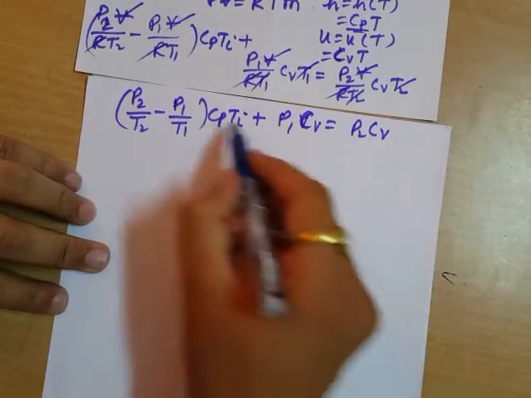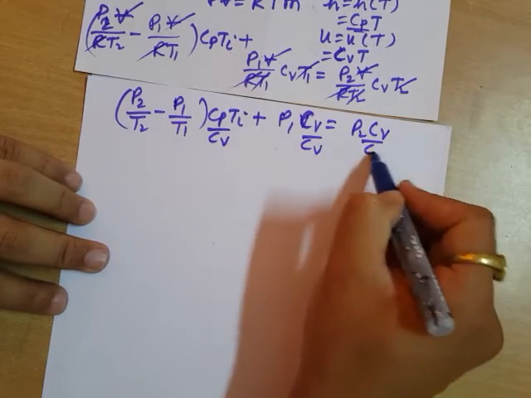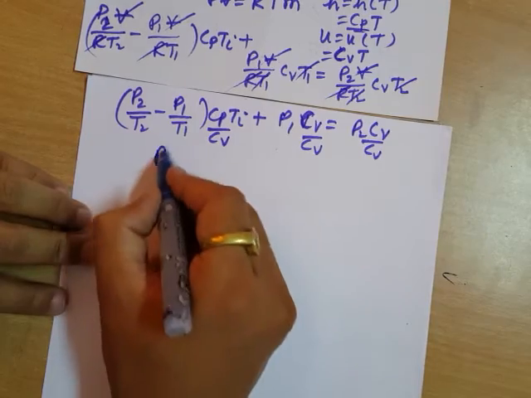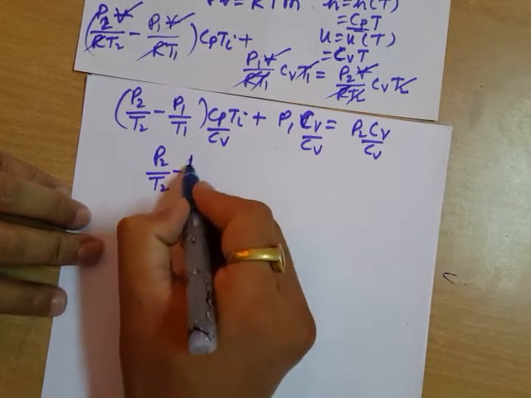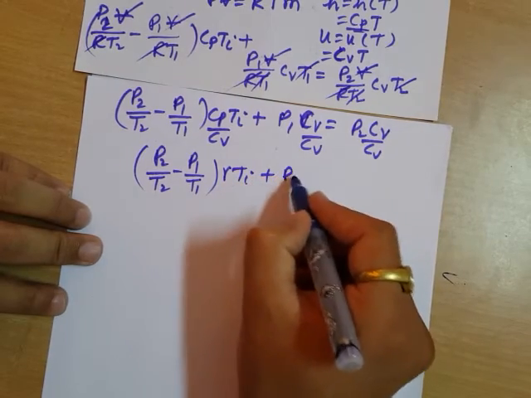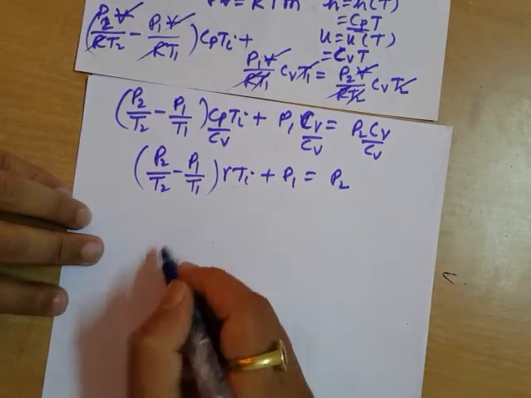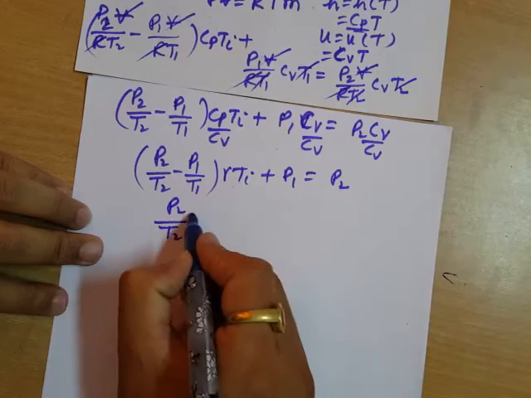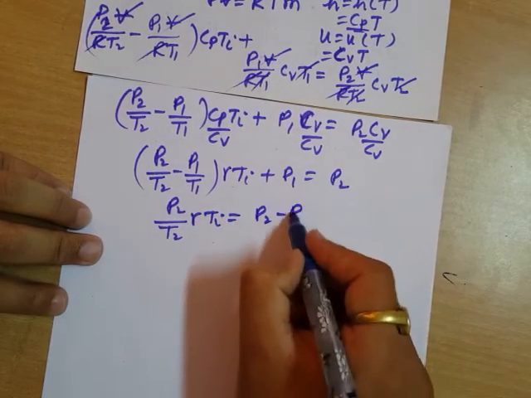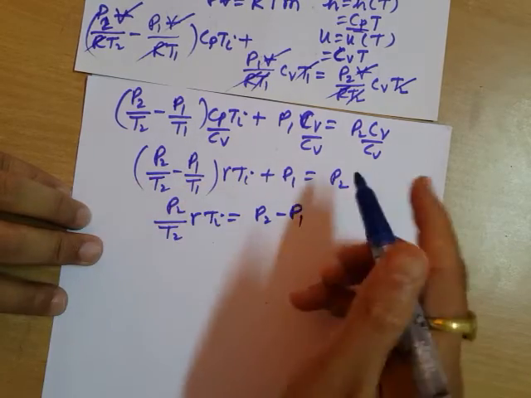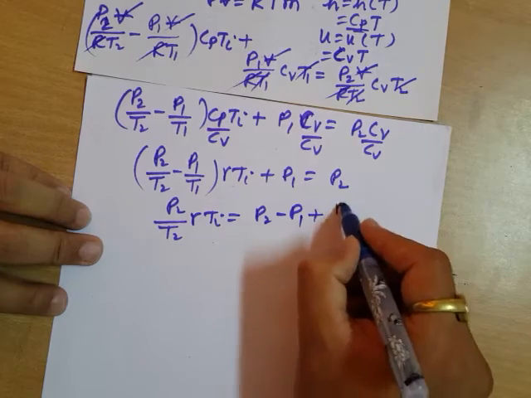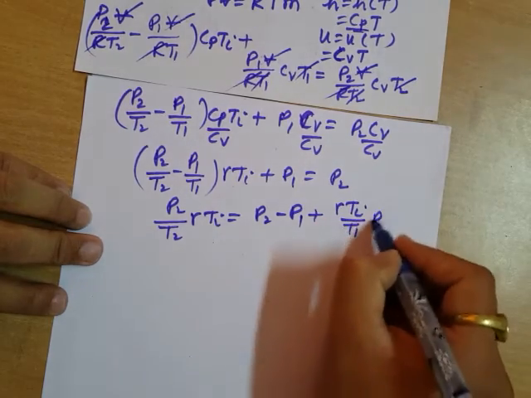So dividing this whole equation by Cv, you will get, and now what is Cp by Cv? It is gamma, the adiabatic exponent. So (P2 by T2 minus P1 by T1) into gamma Ti plus P1 is equal to P2. So P2 by T2 into gamma Ti will be equal to P2, bringing this to that side, minus P1, and this is minus, but this side will become plus, so it will be gamma Ti by T1 into P1.